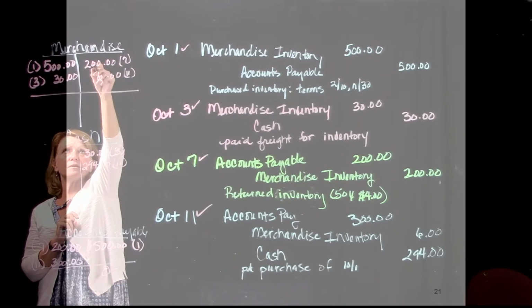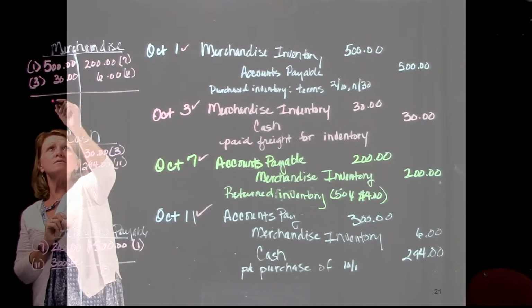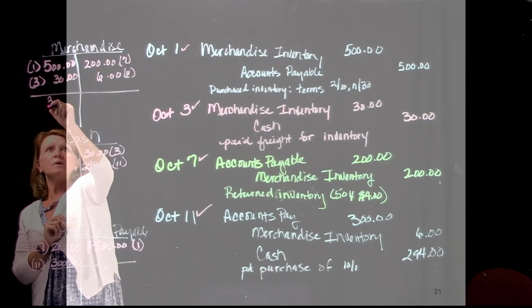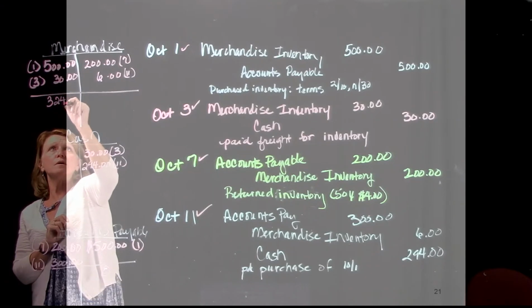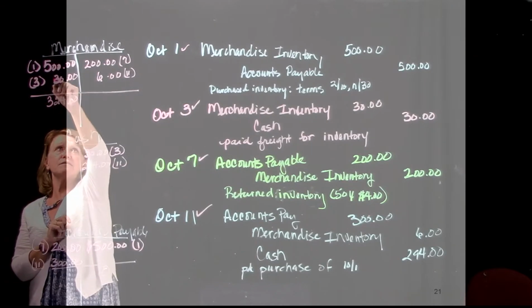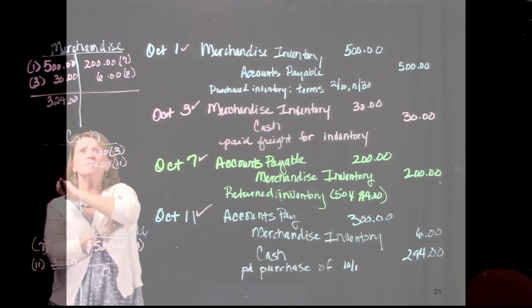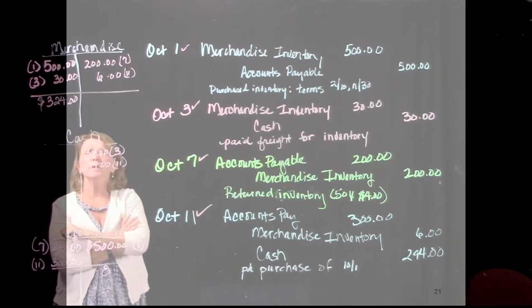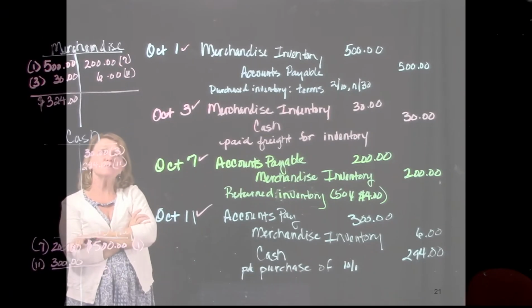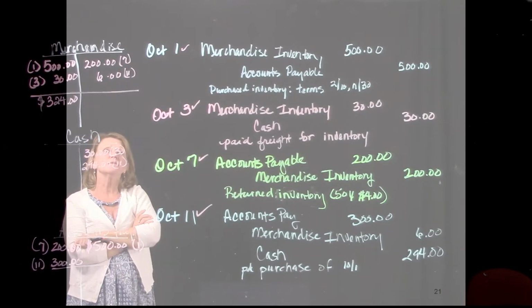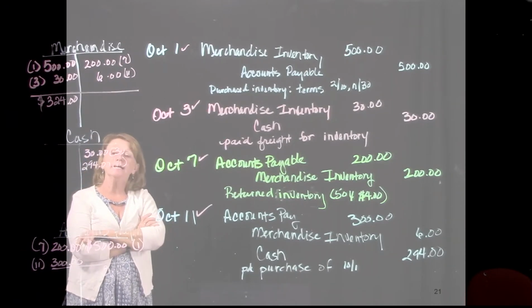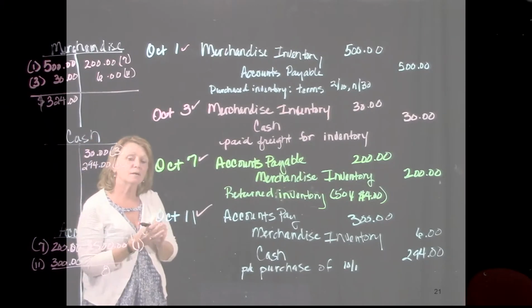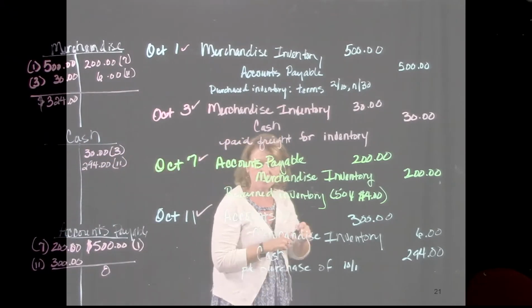We subtract 206, so it is worth $324, I believe. If we take the 530 minus 200 is 330, minus 6 is 324. So keep in mind that we increase asset accounts with a debit, we decrease them with a credit, just the opposite for liability accounts.